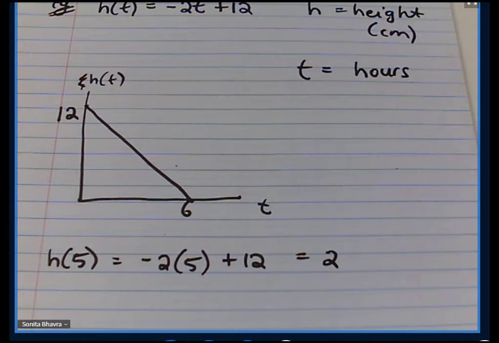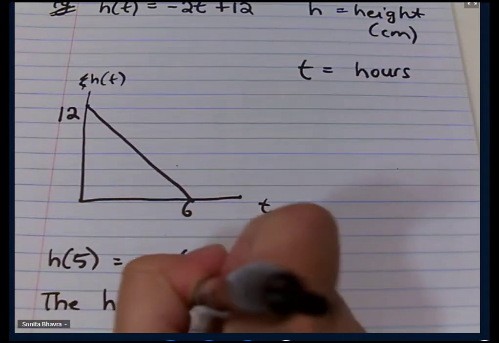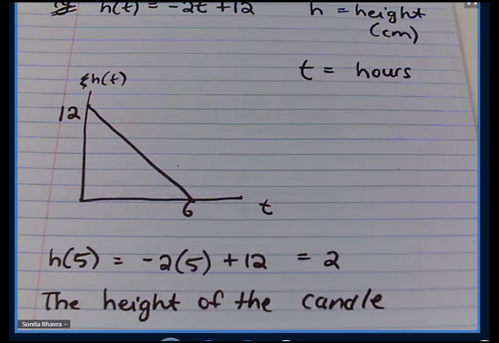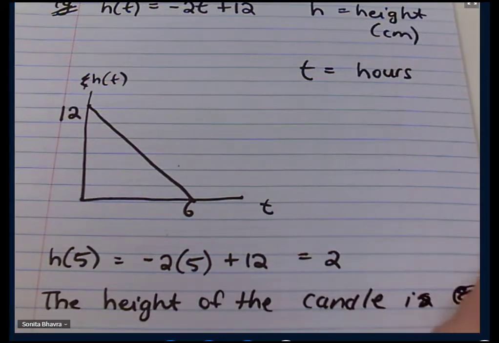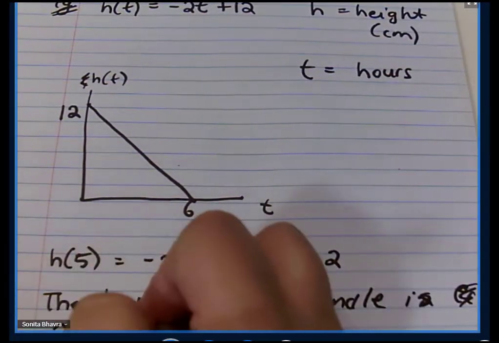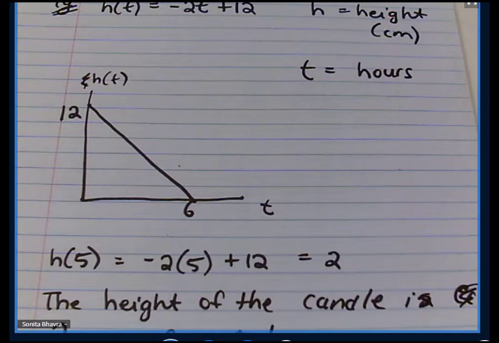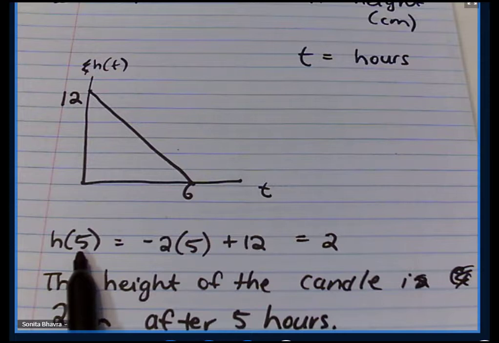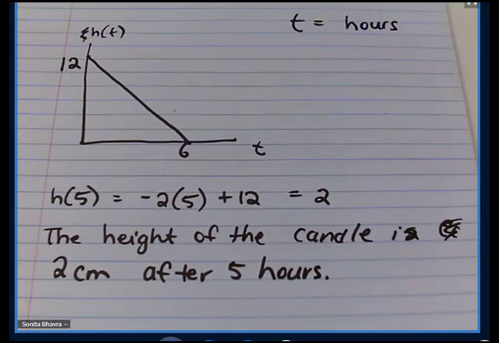So that means that the height of the candle is 2 centimeters after 5 hours. All right, so again, when we were looking at h of 5, this 5 here was representing our t for hours. So after 5 hours, we got an answer of 2. So 2 centimeters is the height of our candle after 5 hours.